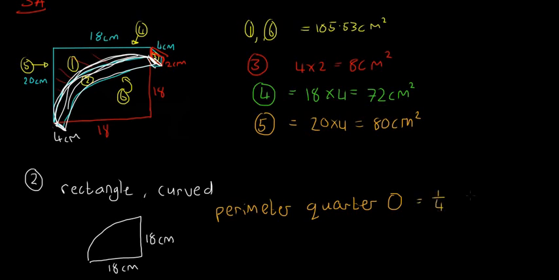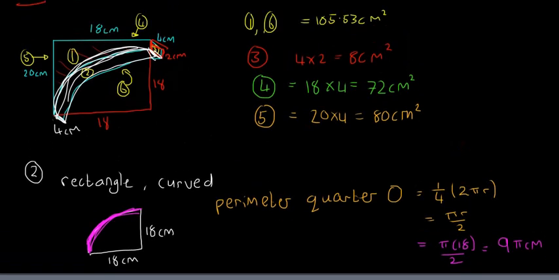That's equal to 1/4 multiplied by the perimeter of a whole circle, which is 2 pi r, which overall is pi r over 2. So our specific perimeter here, this distance in the pink purple, is equal to pi multiplied by 18 divided by 2, which is just 9 pi centimeters.